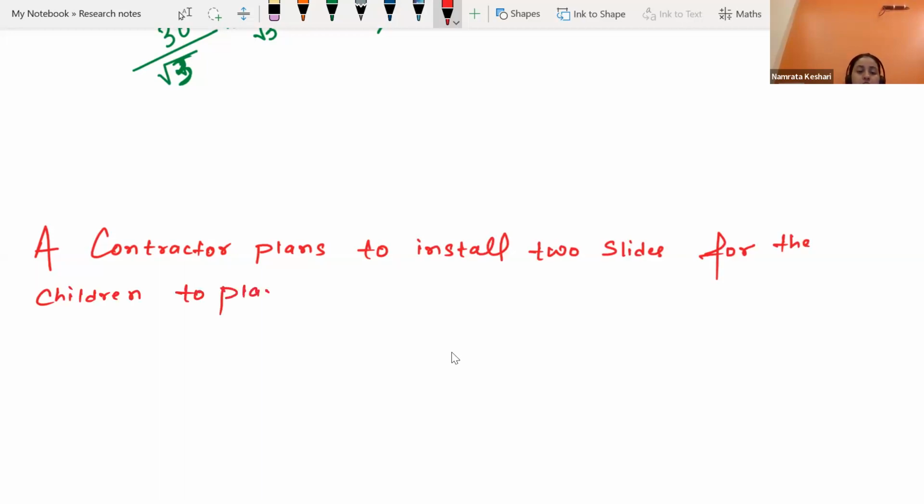A contractor plans to install 2 slides for the children to play in a park.